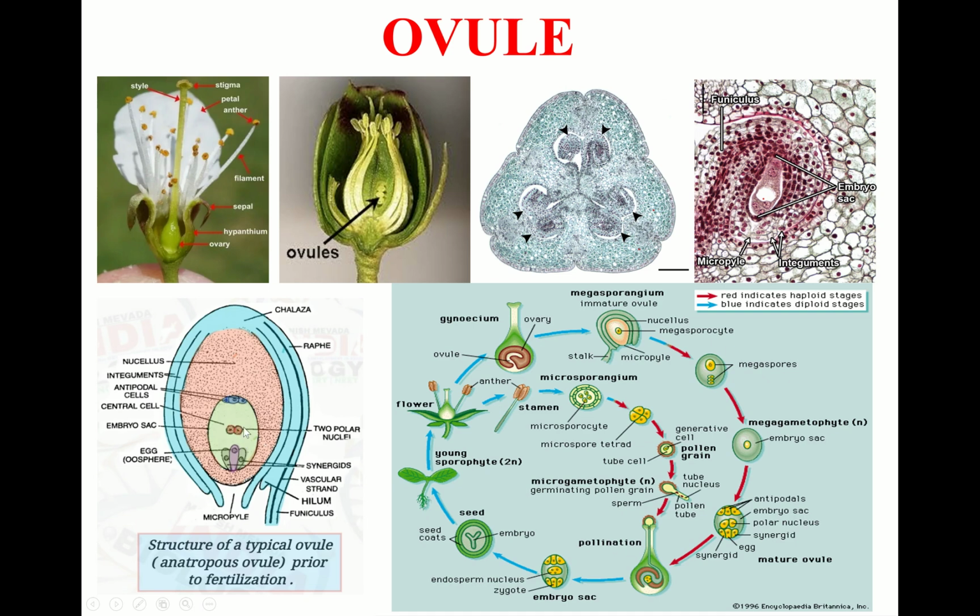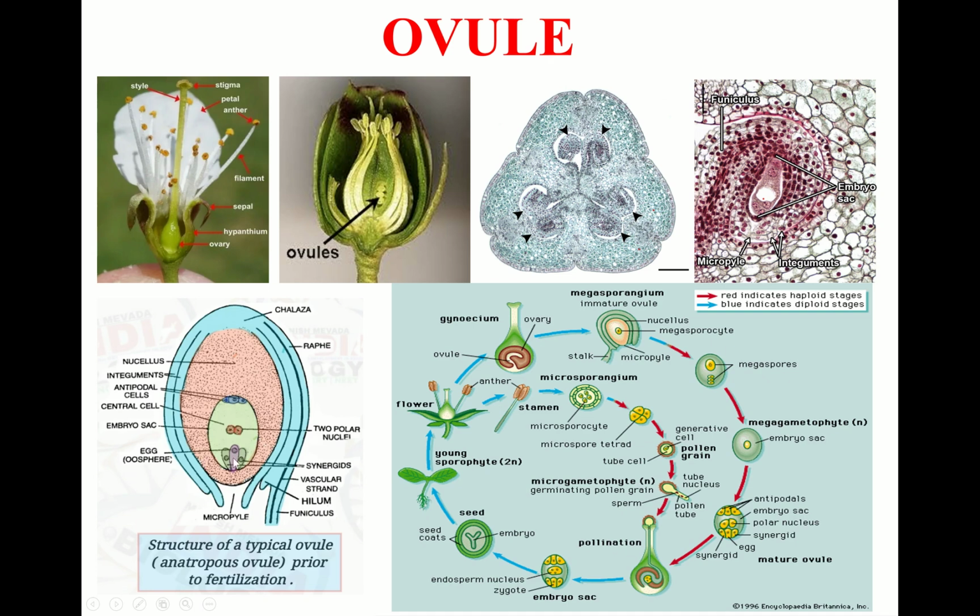And these are the two cells which are present in the central region, called as the polar nuclei, and this will fuse with one of the male gametes to form the endosperm, which is triploid in nature. So one of the male gametes will fuse.